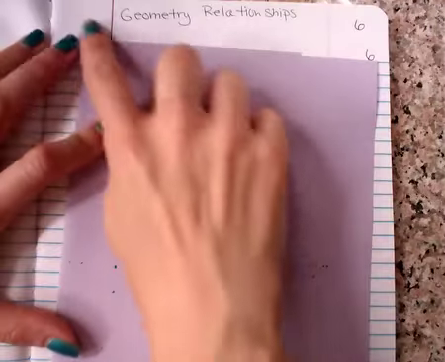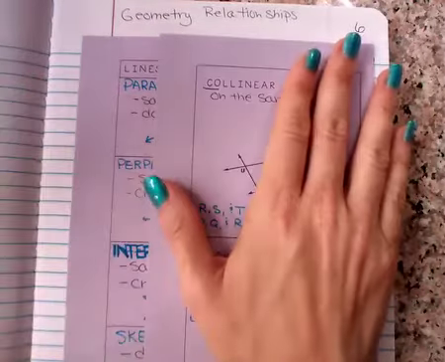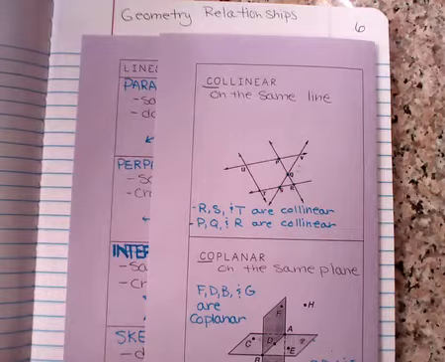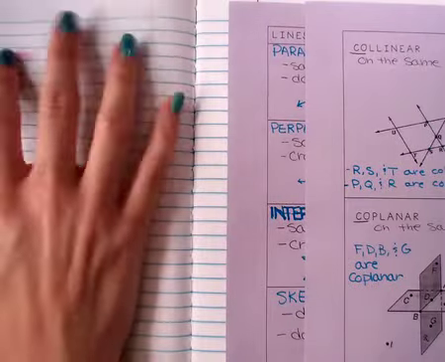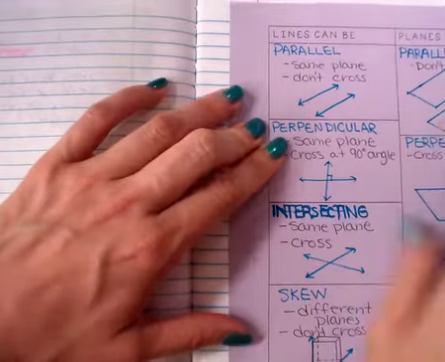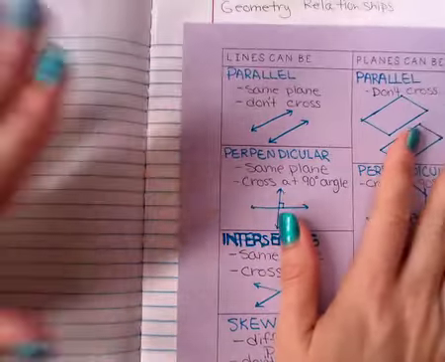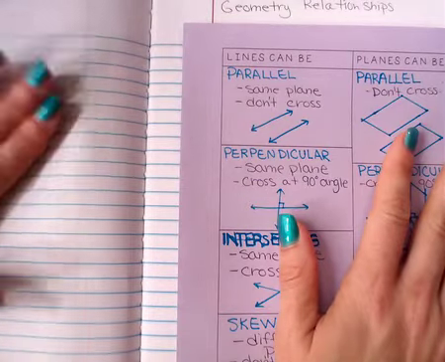Or if you want, you can use glue and just put a little dot of glue in each of the 4 corners and glue it down onto page 6. On page 5, you're going to do some practice work naming intersections and relationships between lines and planes. So that work is going to go on page 5, and when you've completed it, you'll tape that work in on page 5.